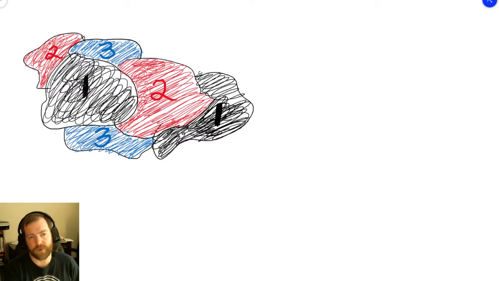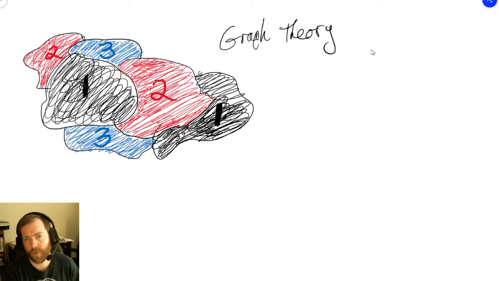Now, one of the things that you can do in graph theory is to construct a map using what's called a graph. And in graph theory, number 1 will be shown as a node. And then every country that it borders will also then be connected to that node.